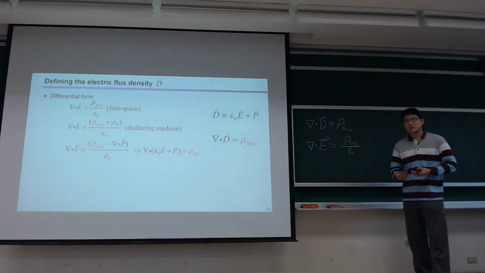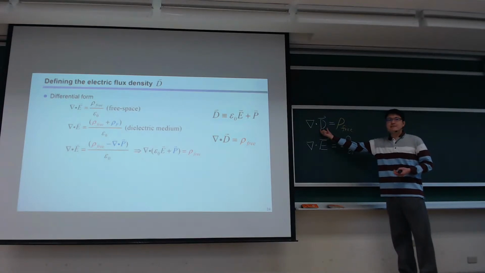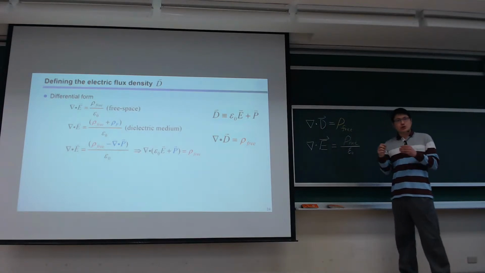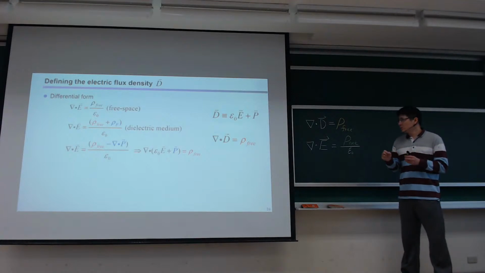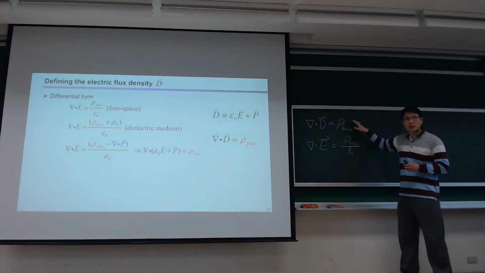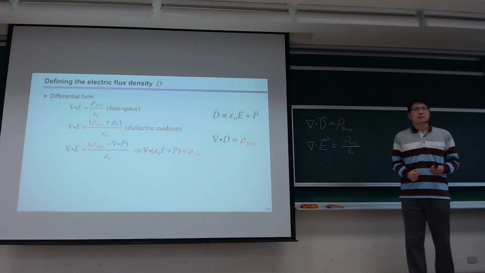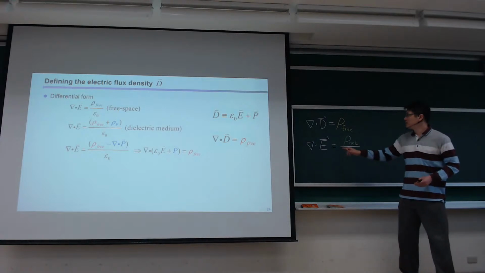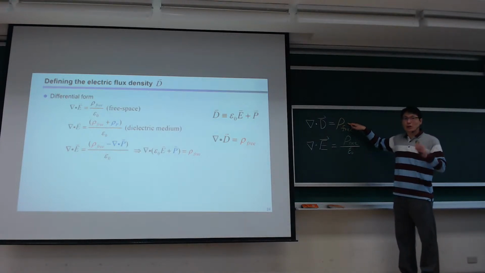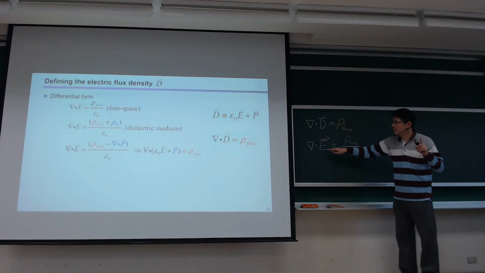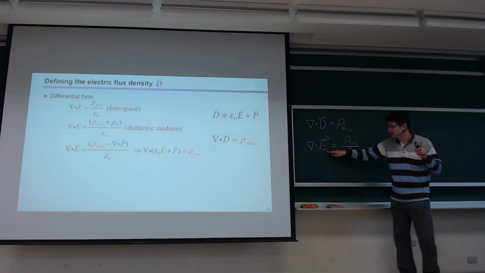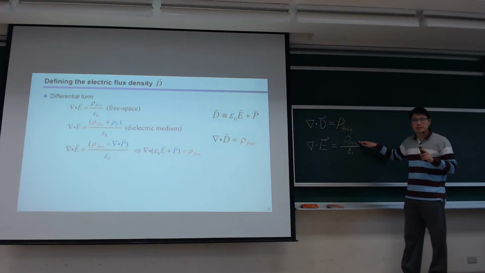It's telling you this D vector is directly associated only with the free charge densities, like you have free charges in space. So inside the material, this D is related to only the free charge, but E is related to the total charge.